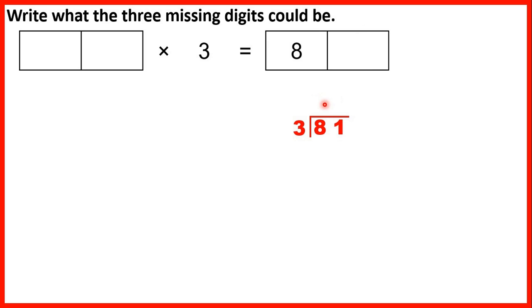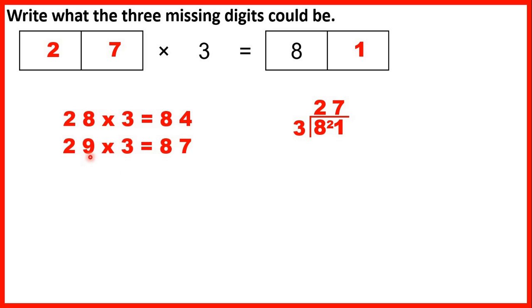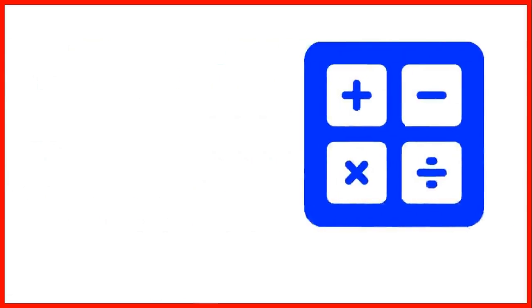So remember, if we don't get a remainder, then our answer will be the missing numbers here. 81 divided by 3 is 27, so that means that 27 times 3 is 81. So we can have 2, 7 and 1 as our missing digits. We could also have 28 times 3 is 84, or 29 times 3 is 87.